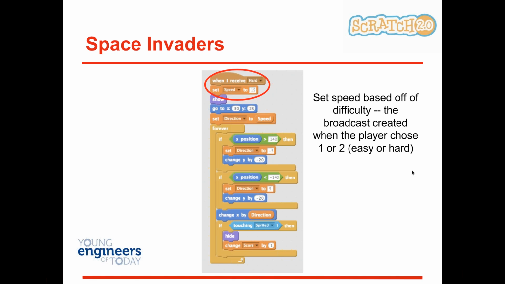Okay, Nathan's done. Zach, just make sure that this bottom part of your code, if touching the laser, whatever your laser is, that's what you want in this touching area. Then it will hide and change the score.